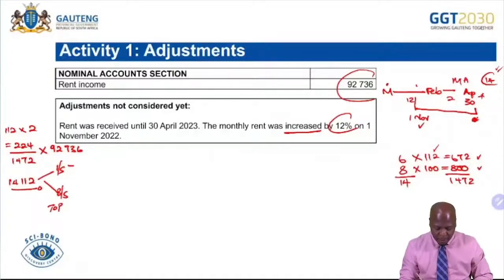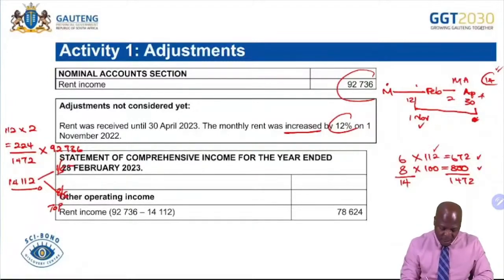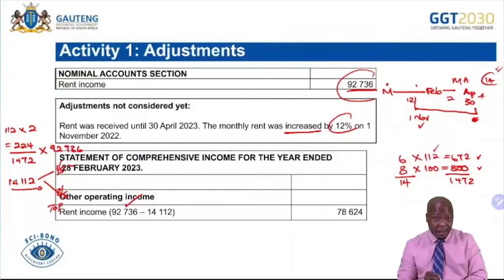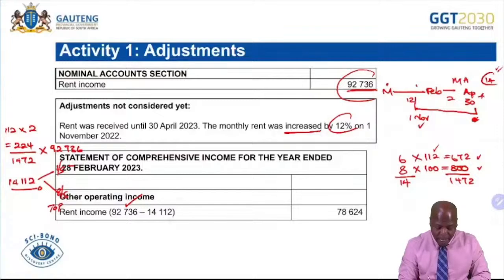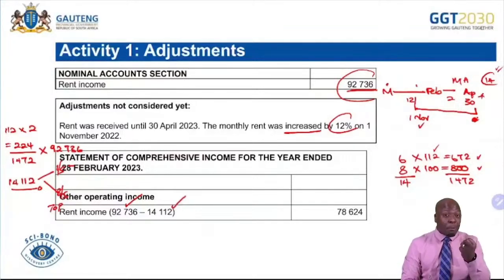So in our income statement, under other operating income, here's my rent. I'm taking the amount from the nominal account section, the 92,736. And then remember to open brackets, very important. Then you minus the income received in advance. You subtract it because we were not supposed to receive it.